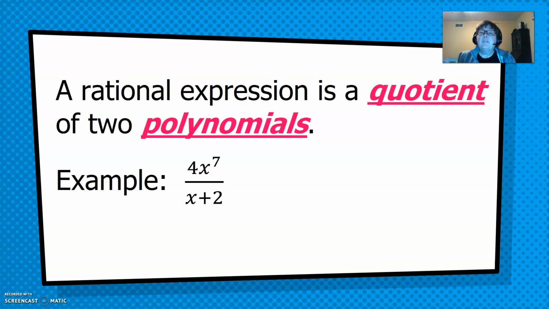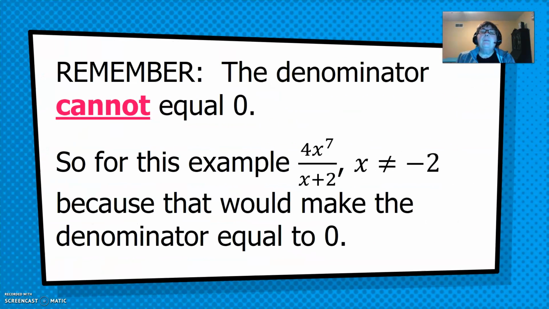But for this lesson, for this week, we are concerned about values of x, and really more specifically, what values can x not be? And so we're looking for the values of x that will make this expression undefined. So remember, the denominator of any fraction cannot equal 0.